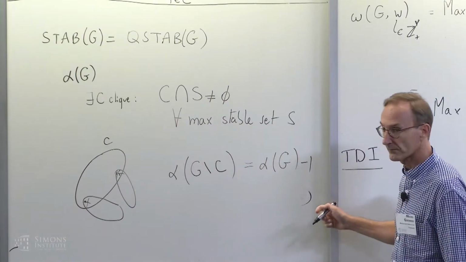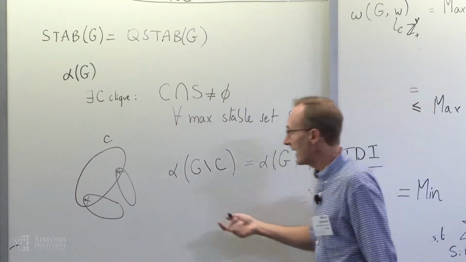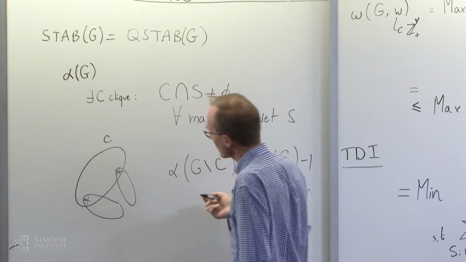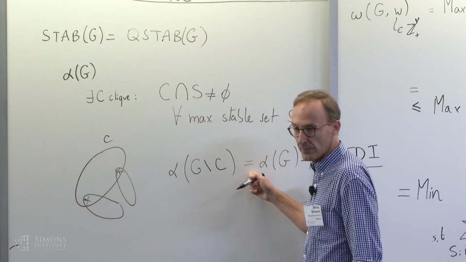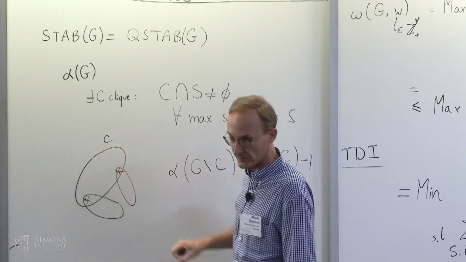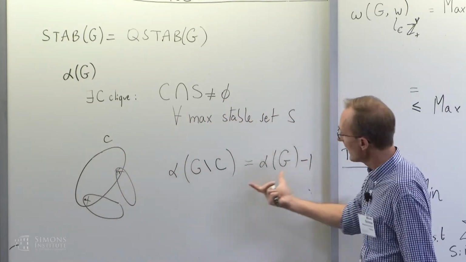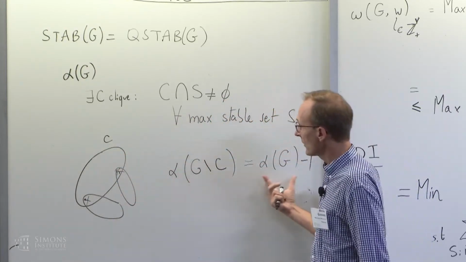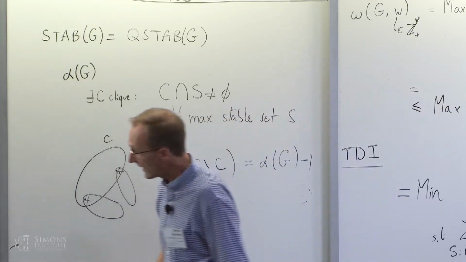So it's less than or equal to, but it's also equal, because a stable set can have at most one vertex in common with a clique. Right. So you have equality here.